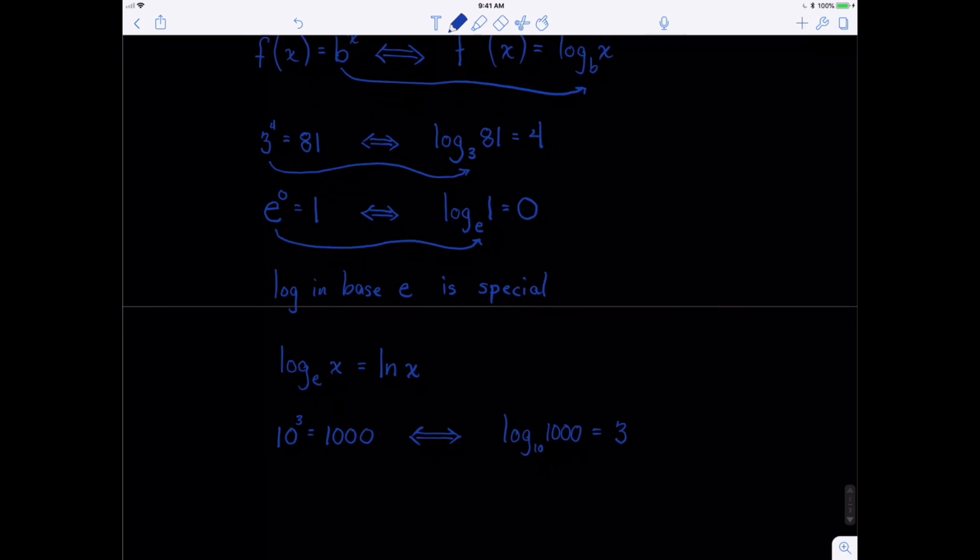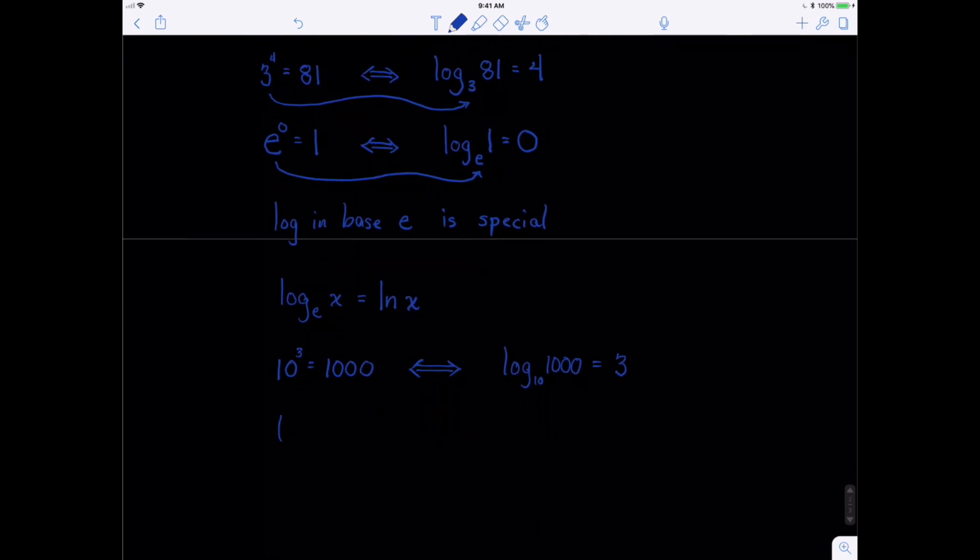Now, log in base 10 is also special. And how special is it? It's so special that instead of writing log base 10 of x, we simply write log of x, and the 10 is implied.